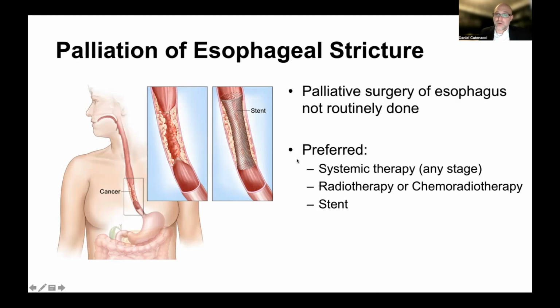Now, I will tell you that that would not be done in my practice as the first solution. The first solution in any situation, whether it's stage 4 or an early stage, like a stage 2 or 3 cancer, before getting surgery, is to get systemic therapy first, and at any stage.